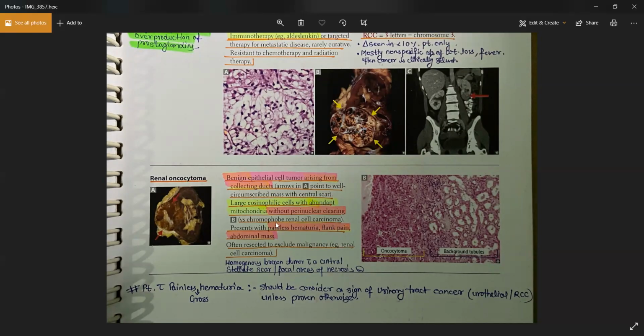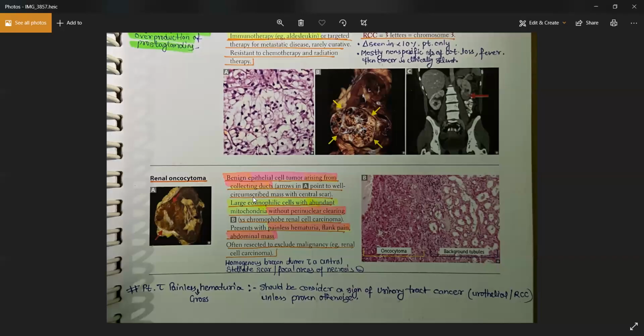Painless hematuria, flank pain, and this painless hematuria is important. Whenever you have a tumor of your urinary tract, that means RCC, renal oncocytoma, or any tumor in the urinary bladder, they always present with painless hematuria. That is an important thing. So whenever you encounter a patient with painless hematuria, the first thing that you must diagnose is cancer of any part of the urinary tract, unless you can prove otherwise.